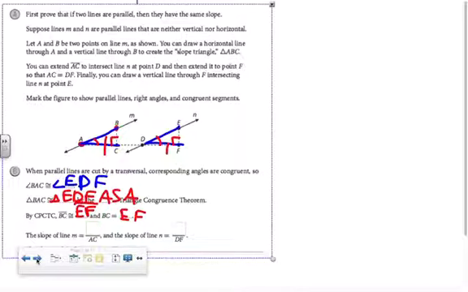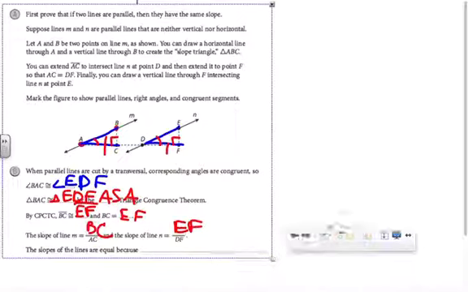Now we know from algebra that the slope of line M is the length of BC over the length of AC, and the slope of line N is the length of EF over DF.